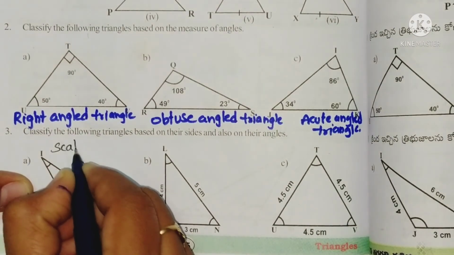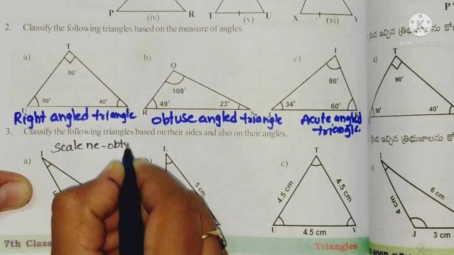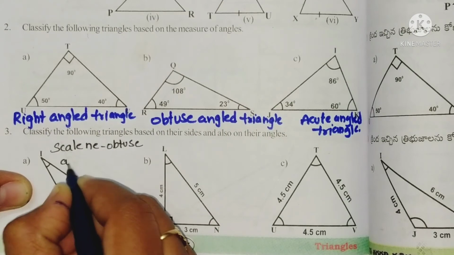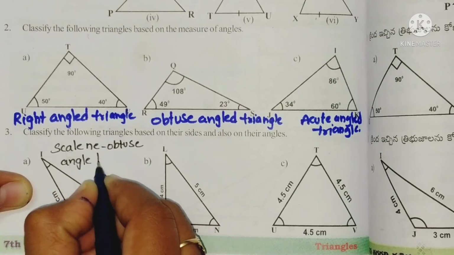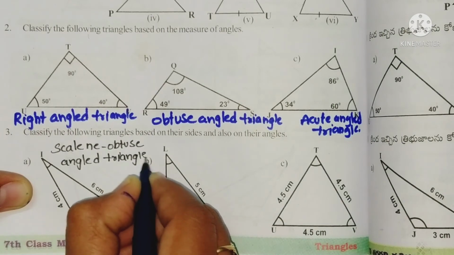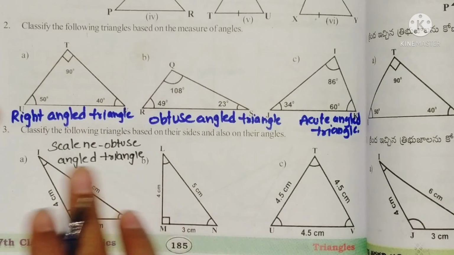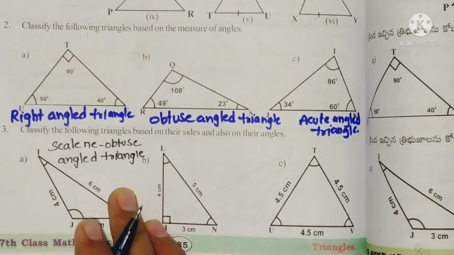So we can write this as scalene obtuse angled triangle. The three sides are different, so scalene, and one obtuse angle is there. So scalene obtuse angle triangle.